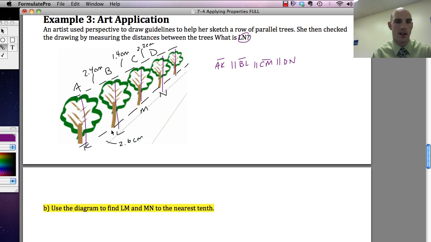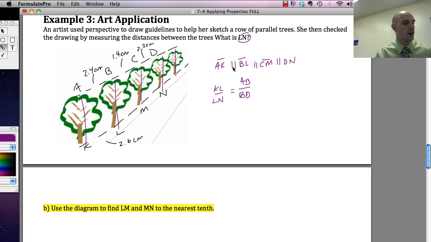Well, if we're finding LN, let's look at what we're finding, this piece here, we're going to test out certain things. And what we're able to say is KL over LN, so this top piece over this big piece, is equal to, and we look over to the other transversal, well, that's really going to be KL and AB corresponding. So AB over, and LN is this big piece, so this is going to be BD.